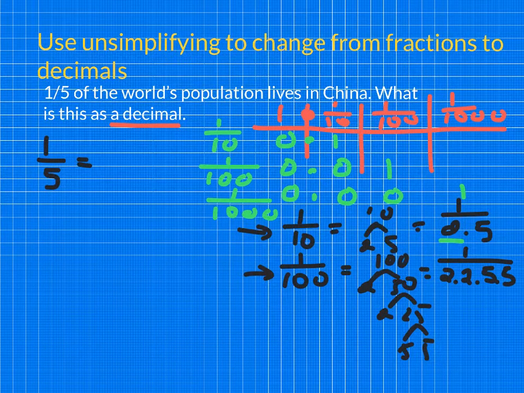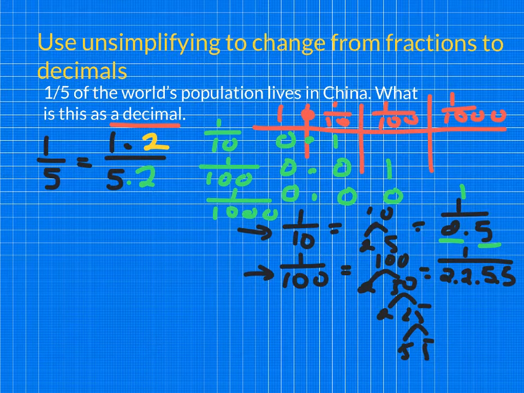Now can we do that in this situation? Yes, we can, because we've already got a 5, and then we just need to multiply it by 2 to make it into tenths. And therefore we're writing now our equivalent fraction by unsimplifying. So our 1 that we originally had also needs to be multiplied by the 2.